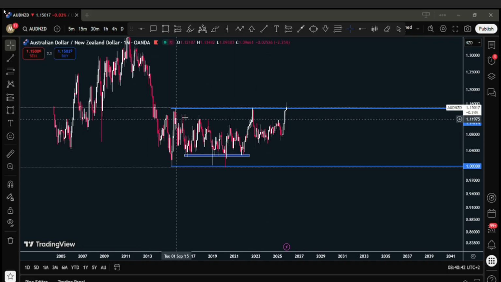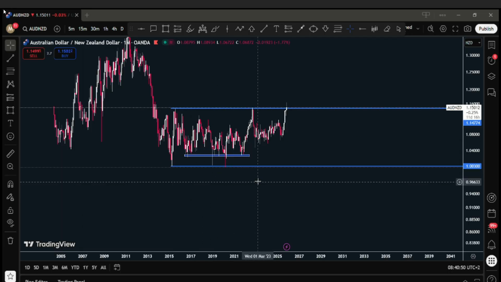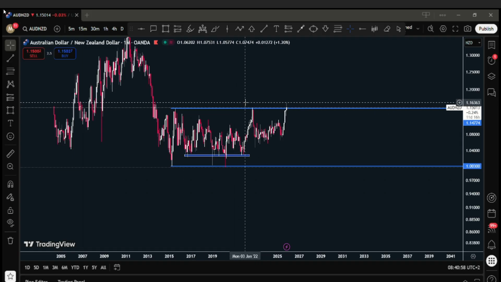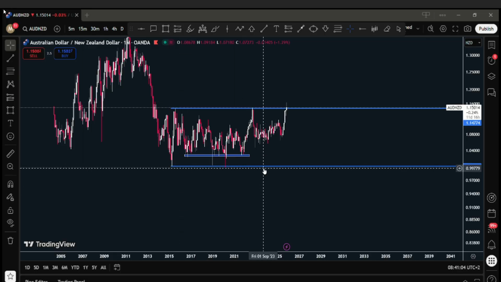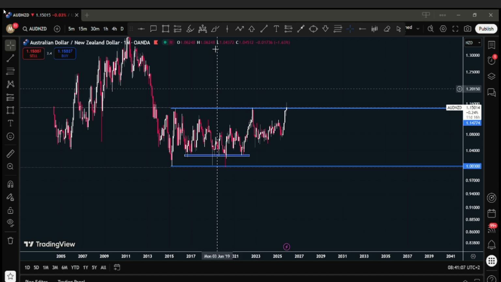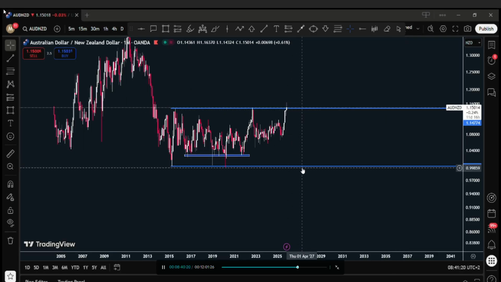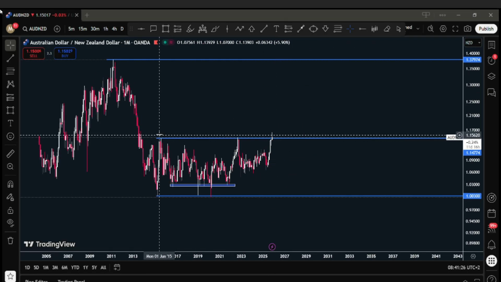As you can see here, the market has been approaching this zone and going up, approaching this zone, going up, meaning that we can identify this zone as our ceiling, which is our resistance, and this zone as our floor, which is our support. Whenever we hit this zone, we expect to go down, and whenever we hit this zone, we expect to go up.